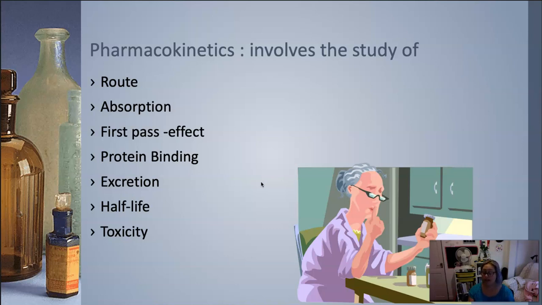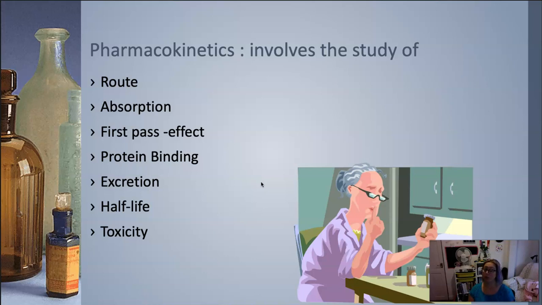So the next thing we have to think about is protein binding. Now this is whether or not a medication, once it's been absorbed into our circulatory system, can act upon the body without binding with any other proteins that we have within our system.